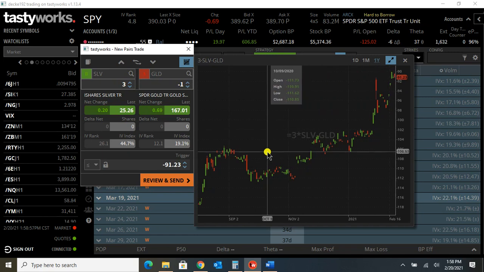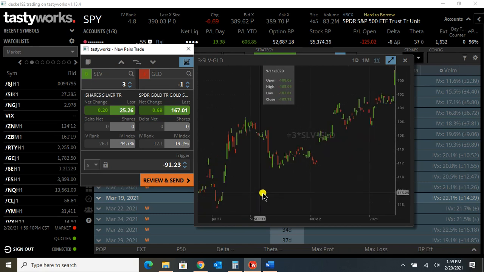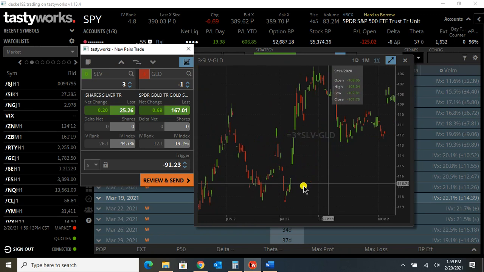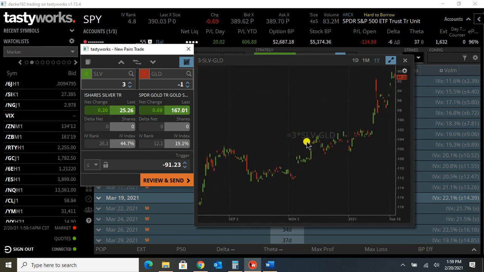And the reason I'm doing that is the gold-silver ratio is near an all-time high, meaning that gold has outperformed silver for a very long time, over many years, and over the last couple months it started to reverse. So I'm hoping this trend continues for a little while.